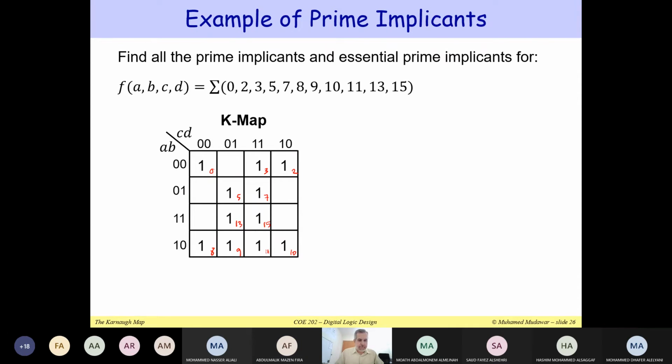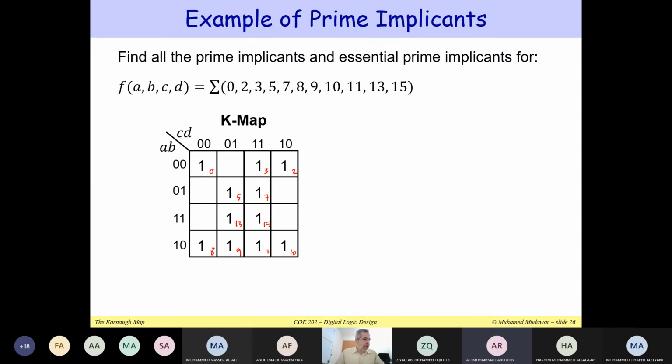What else? 8, 9, 11, 10. Yes. Excellent. What else can you see? Do we have more? 5, 7, 13, 15, 9, 11.